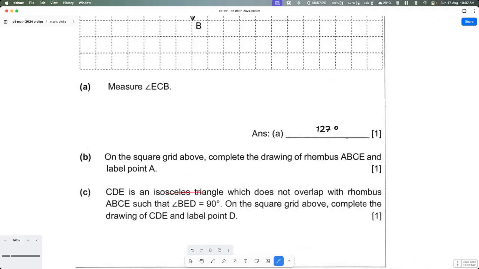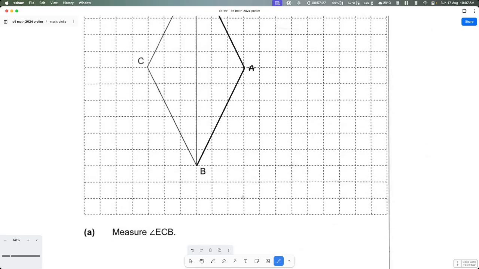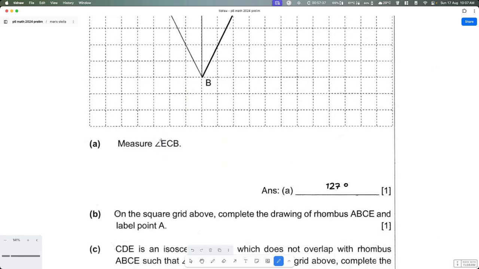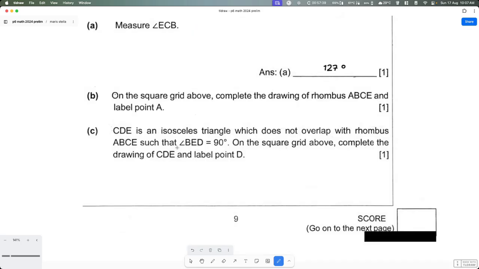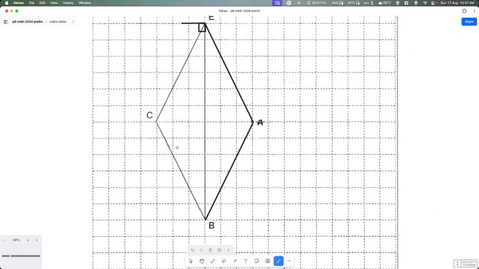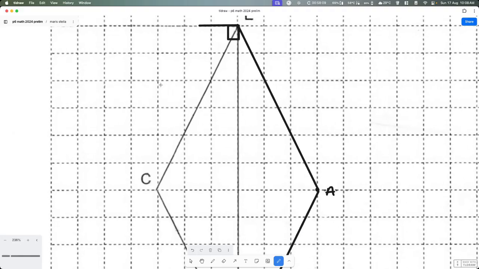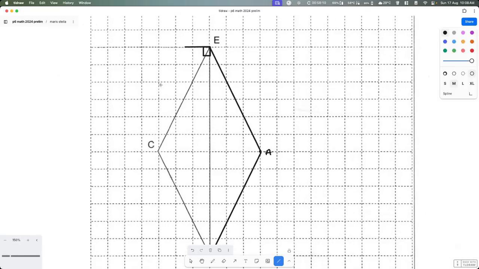You see this isosceles triangle, CDE. So that means we need to measure how much distance this CDE is. And yeah, so let's draw it out. So the easiest way to draw an isosceles triangle is, number one, one side of the isosceles triangle is this.